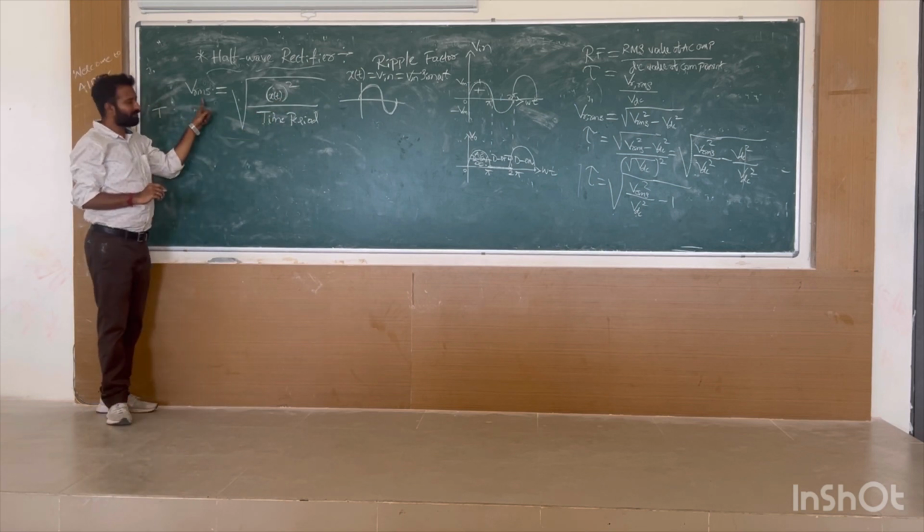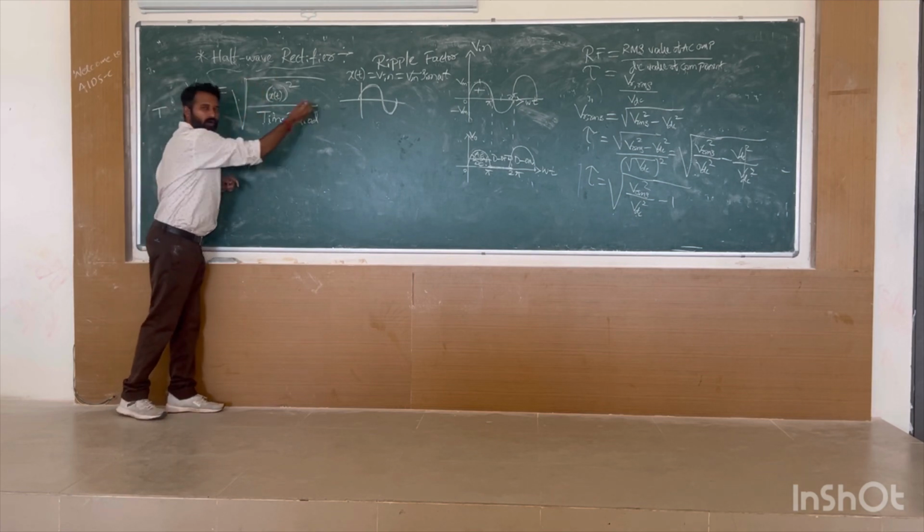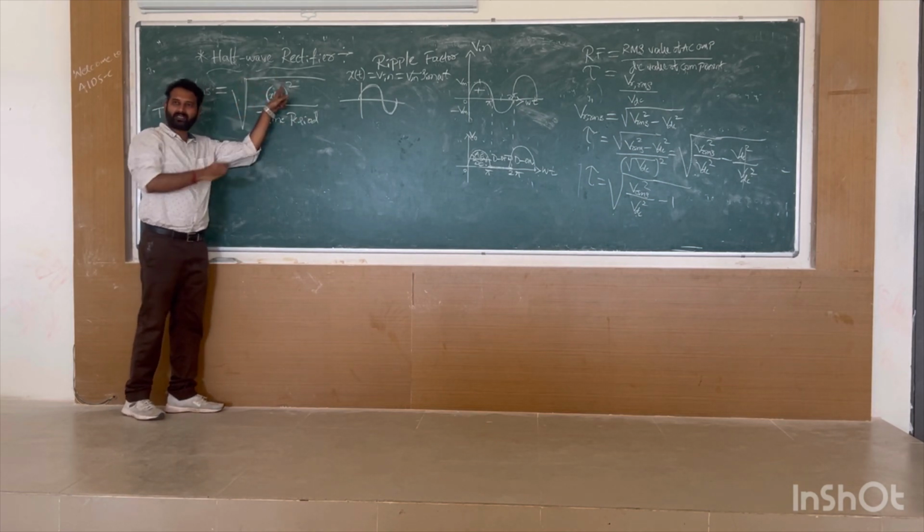Understandable? Vrms is equal to, I will repeat, the square root of the ratio of the square of a function.